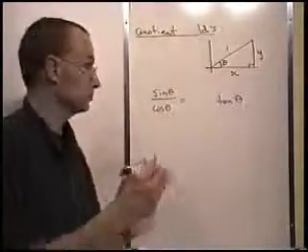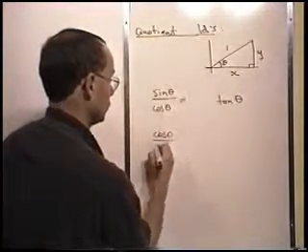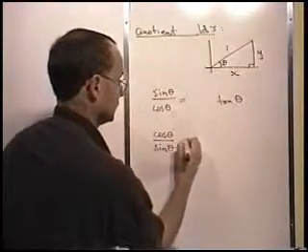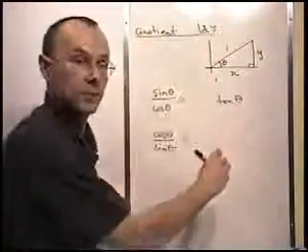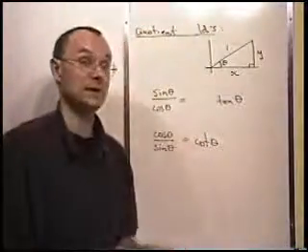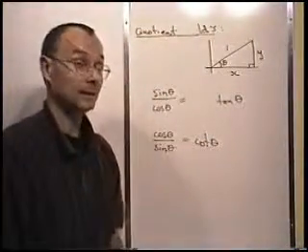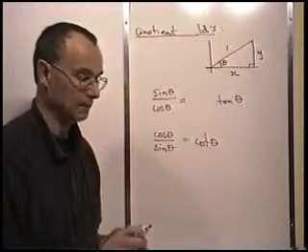And of course I could just flip things over here. Cos over sine. What do you think that might be? The flip-flop of tangent. Of course it is cotangent theta. Those are the quotient identities.